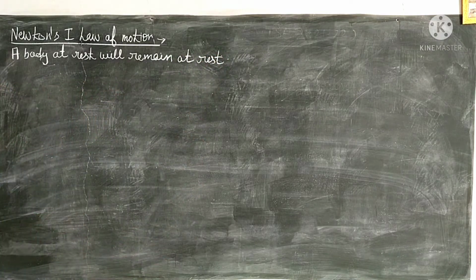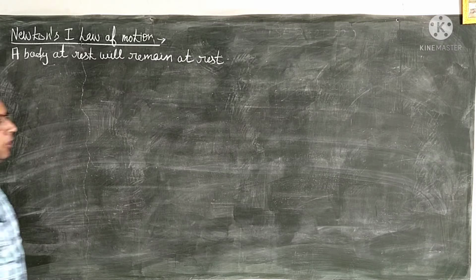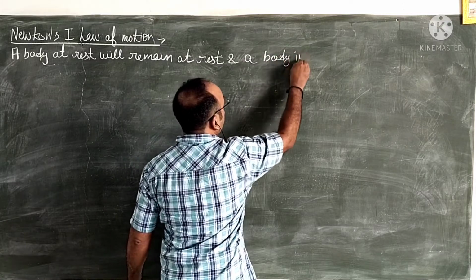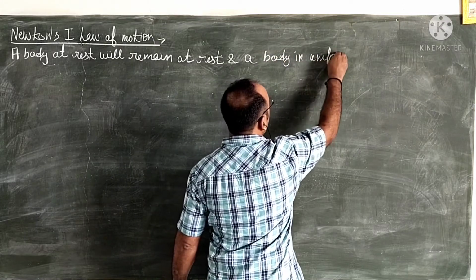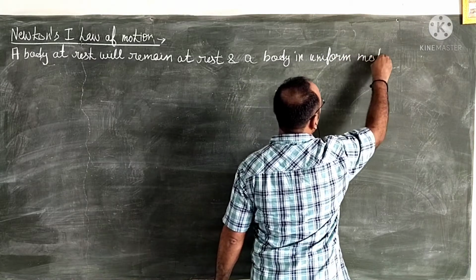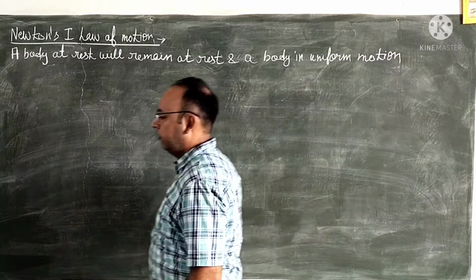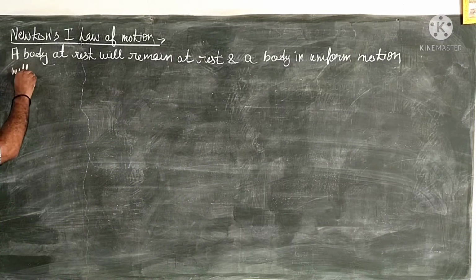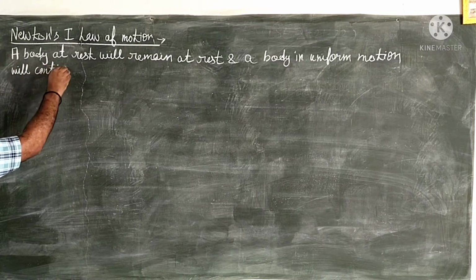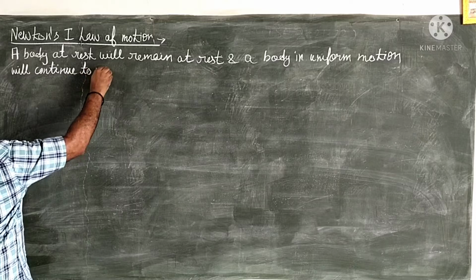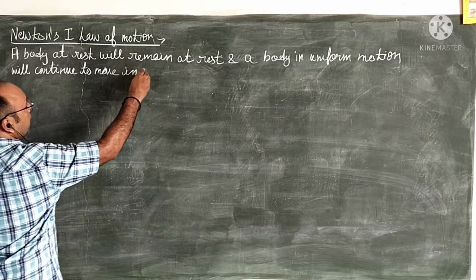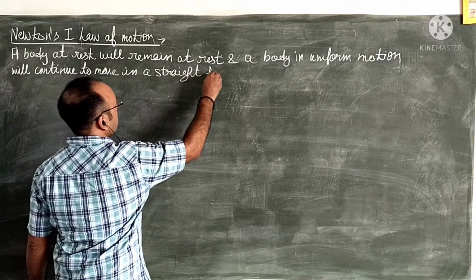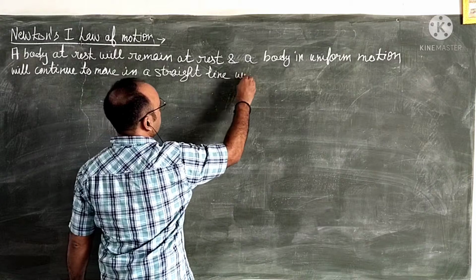That means if we are not applying any force, the body will remain at rest. And a body in uniform motion, we know the meaning of uniform motion, will continue to move in a straight line with constant speed.